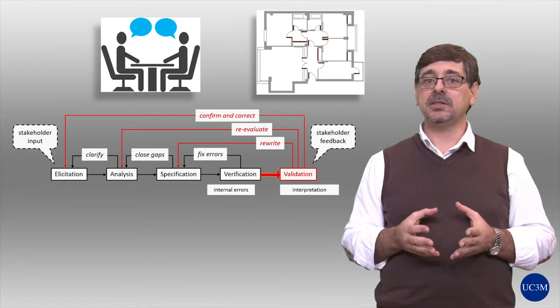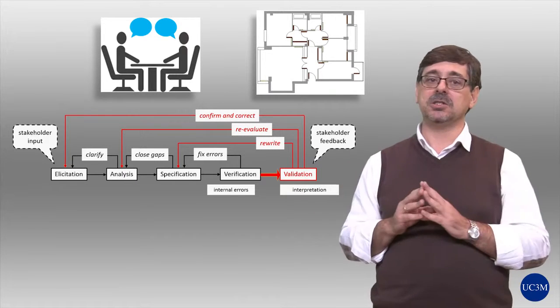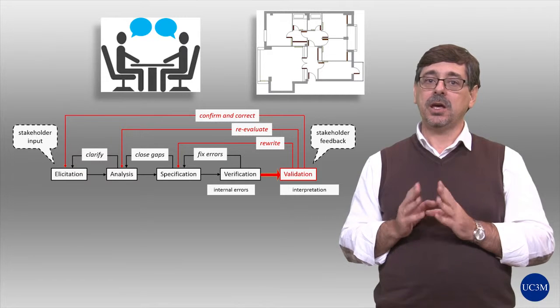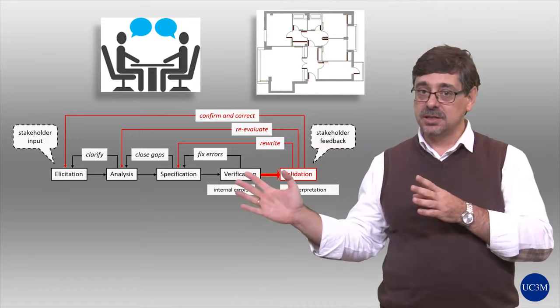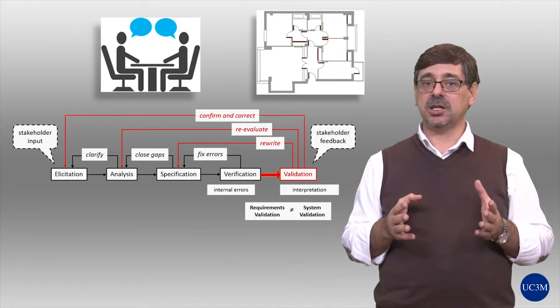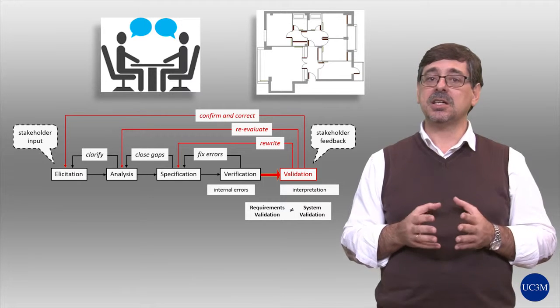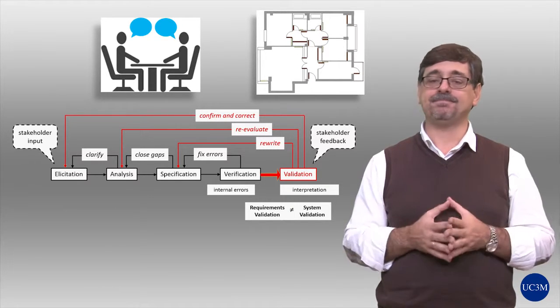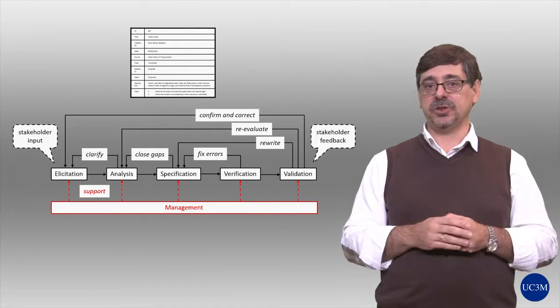Remember, identifying internal errors was the task of requirements verification. Again, requirements validation must not be confused with system validation, which assures that the implemented system, not the collected requirements, satisfies stakeholders' needs.